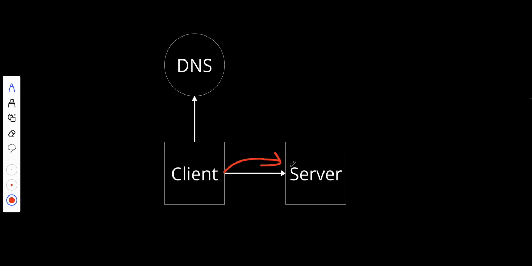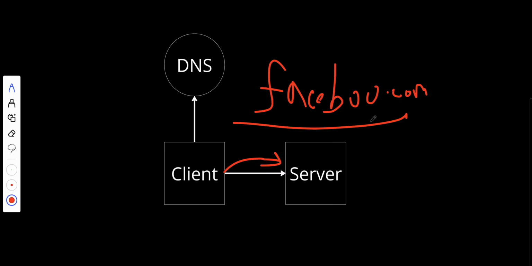But when you go to the internet, you don't type the IP address. Basically, you type something like facebook.com or google.com, and this is called a domain name. So the client will just type the domain name, for example facebook.com, and it will send a request to the DNS servers.